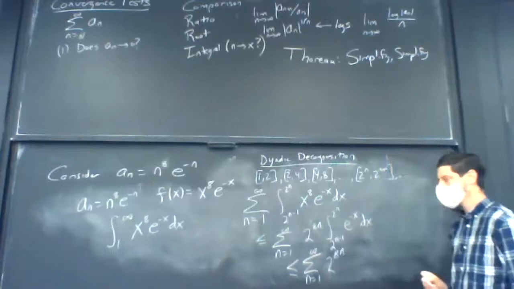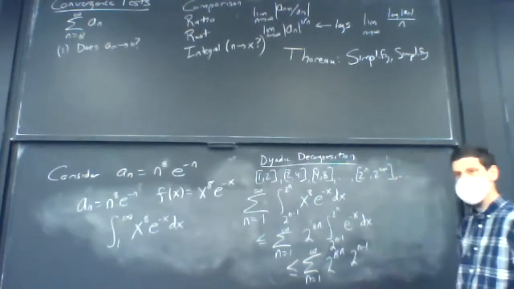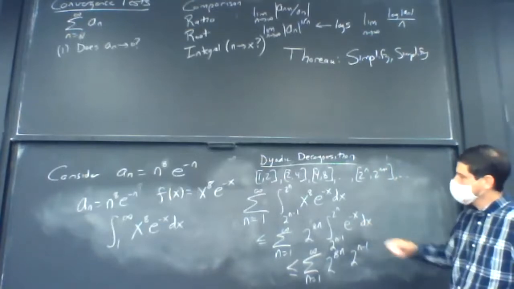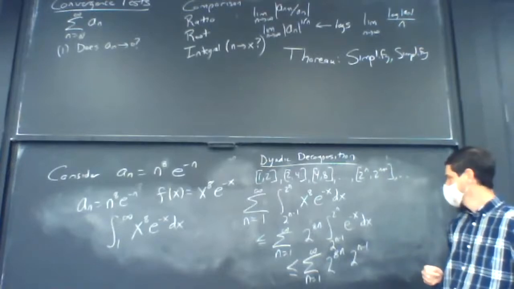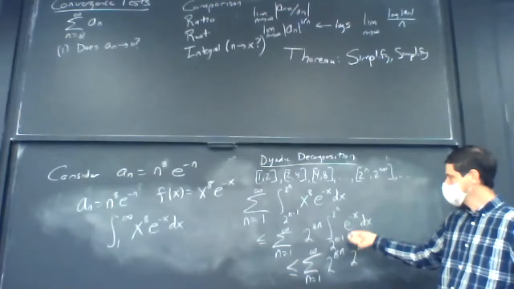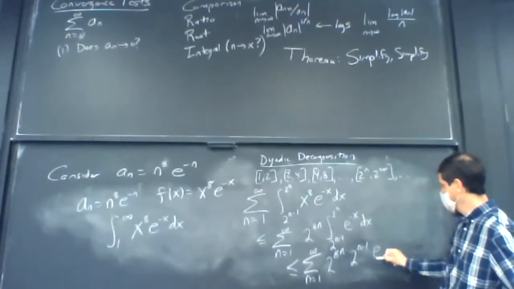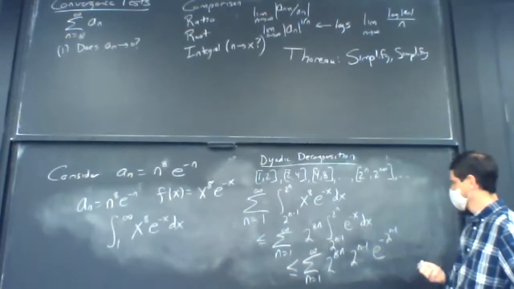The interval has length 2 to the n minus 1. And then, if I want, I could integrate e to the minus x, but I could also say, what's the largest e to the minus x as it comes over here at the end? This would be e to the negative 2 to the n minus 1.